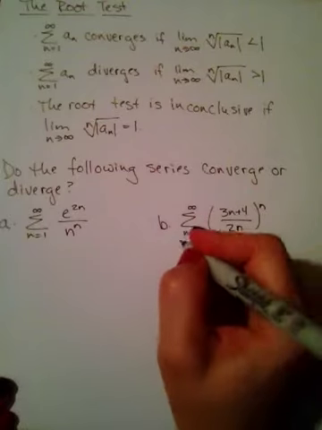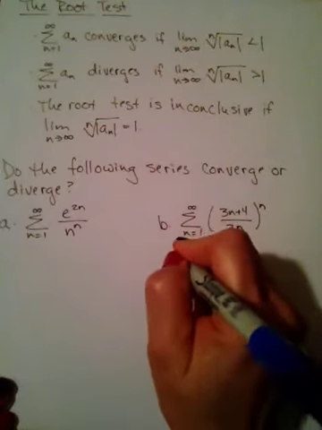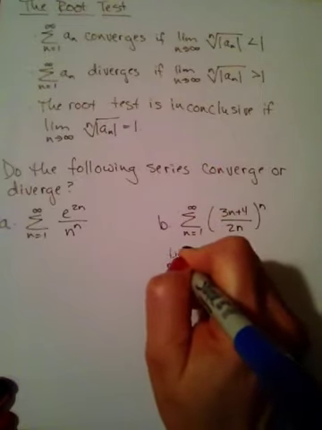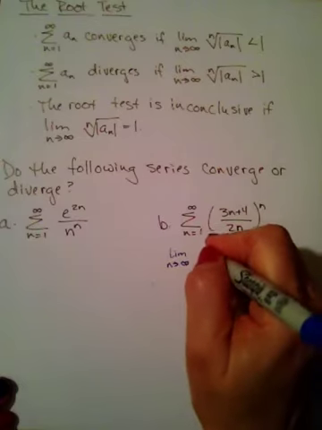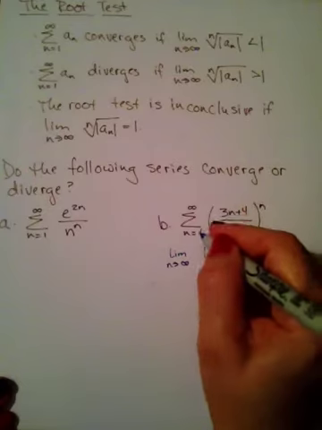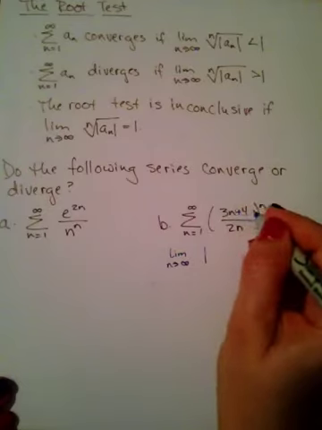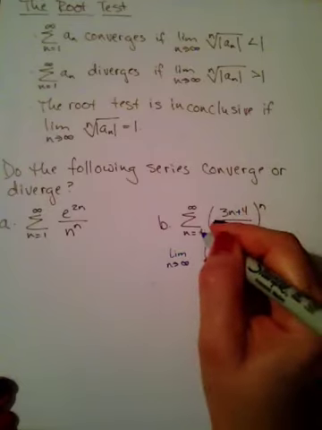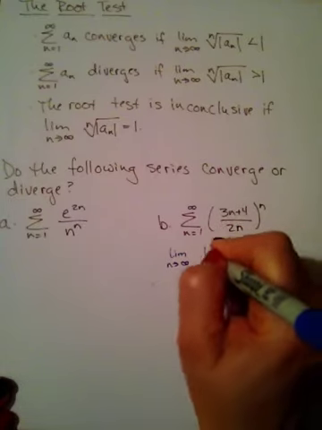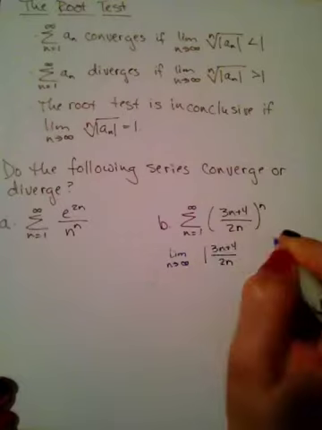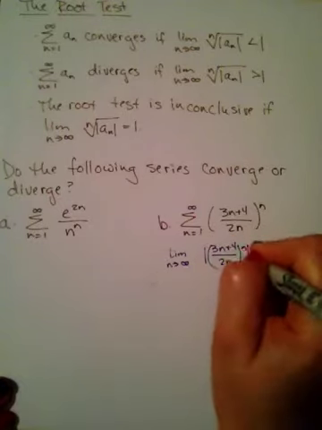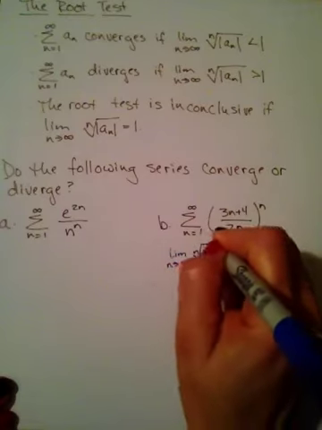So you would say, oh, okay, I'm going to do the root test, and I'm going to take the limit as n approaches infinity of the absolute value, and I really don't need the absolute value because if you plug in 1 or any number, these are positive because we're going from 1 to infinity, but say we're doing the absolute value, 3n plus 4 over 2n to the nth, absolute value with the nth root.